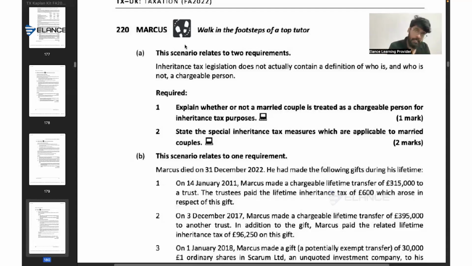Even in CGT, a transfer between spouses is completely exempted. They are treated as separate taxable persons.